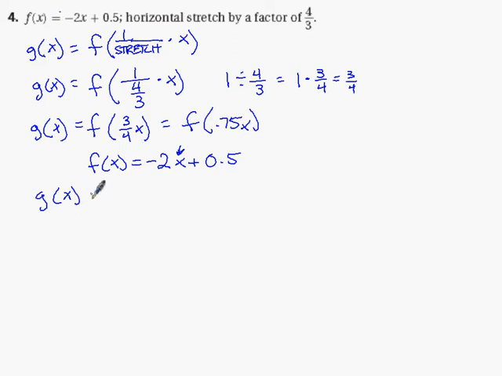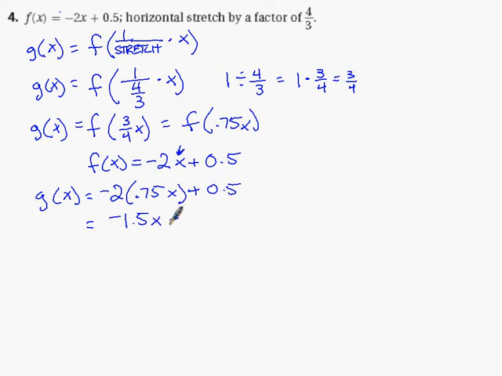So the new rule is going to be negative 2 times 0.75x plus 0.5. And negative 2 times 0.75 is negative 1.5x.